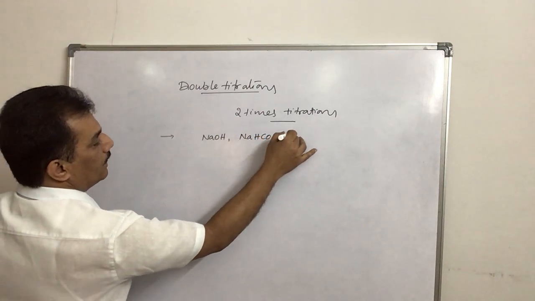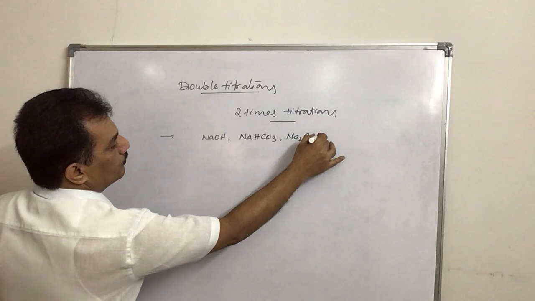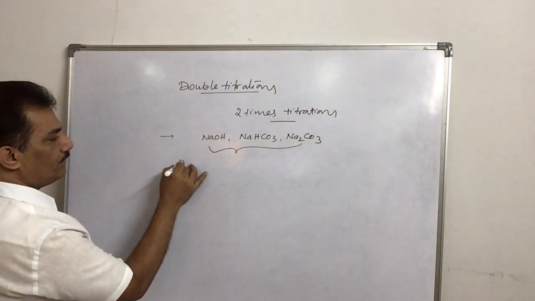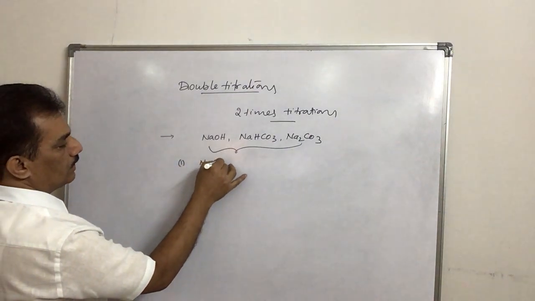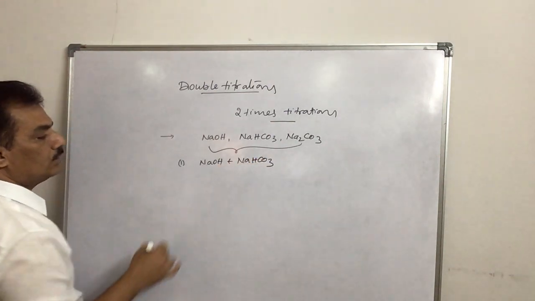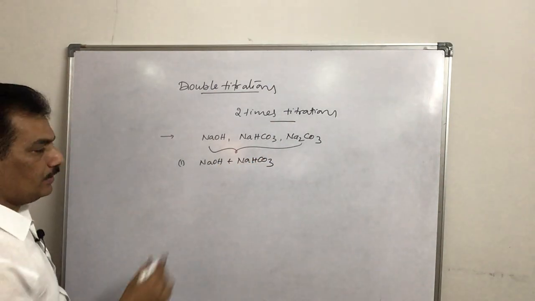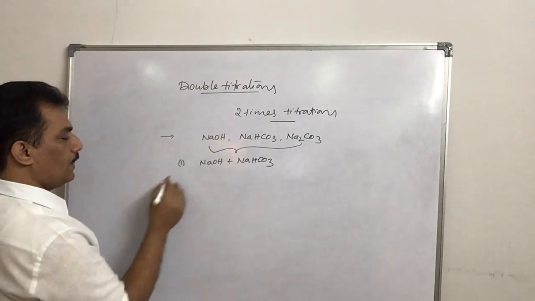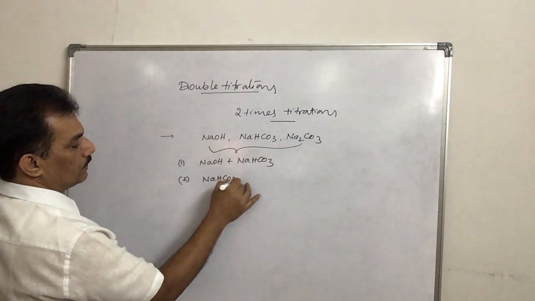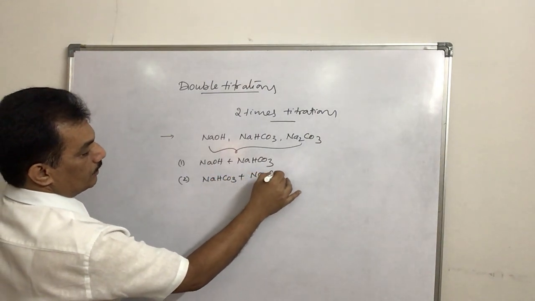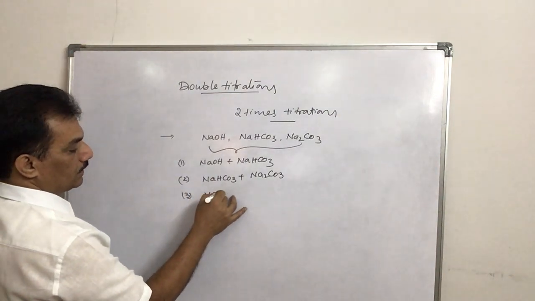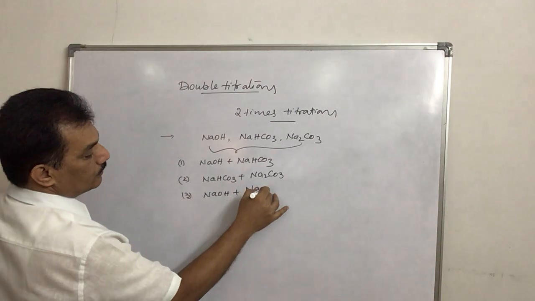NaHCO3 and Na2CO3, any two of these three are present. For example, if it is NaOH and NaHCO3, because these are first group hydroxides and bicarbonates, when this is the mixture present, or when it is NaHCO3 plus Na2CO3, or it may be NaOH plus Na2CO3.